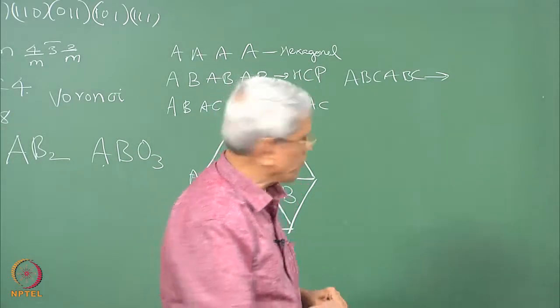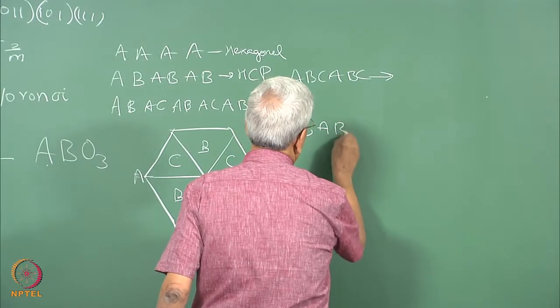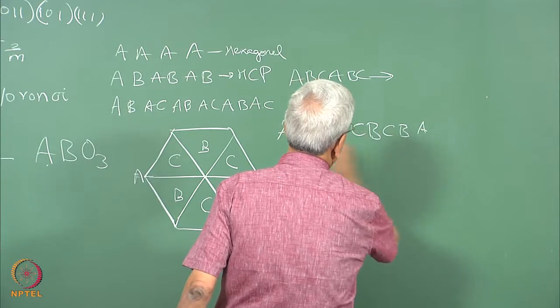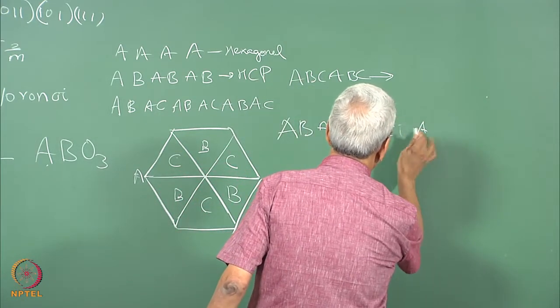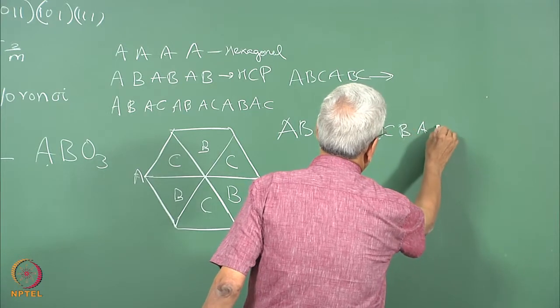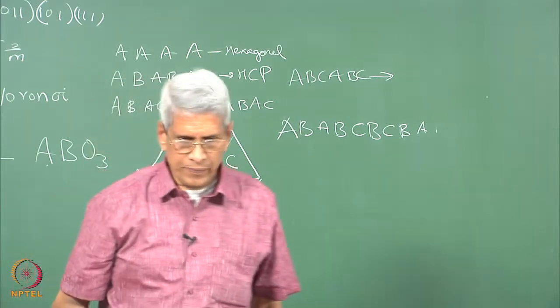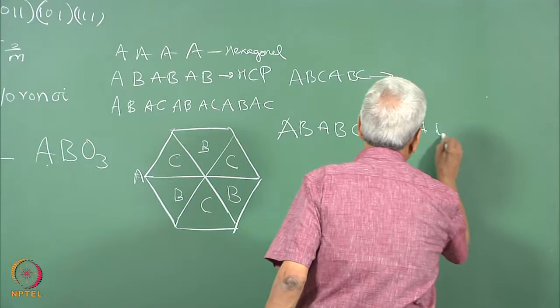In this structure also, if you see it, it is AB, CB, I think CB, A. This is the sort of structure. No, C, yeah, CB, A, like this structure comes. CB, ACA, ACA.